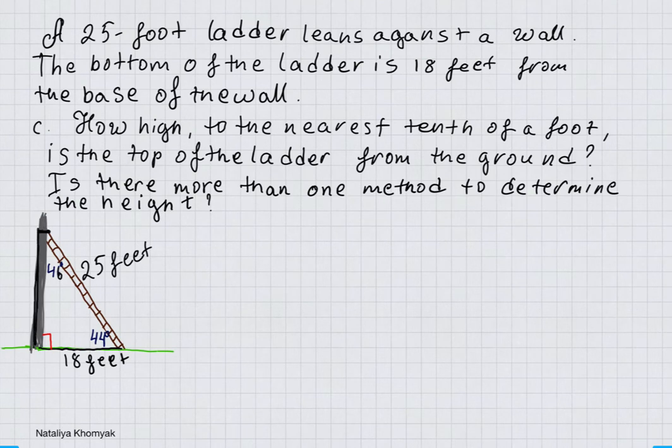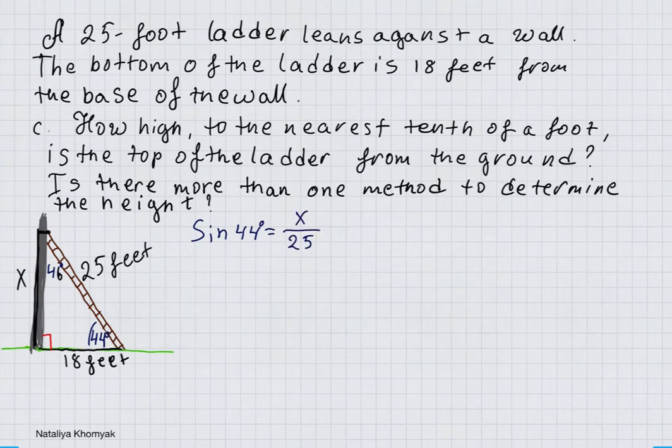So we're looking for this measurement. Let's call it an X. If you choose to work with the 44-degree angle, this would make X the opposite side. So you could have sine of 44 degrees equals opposite, which is X, divided by hypotenuse, which is 25.